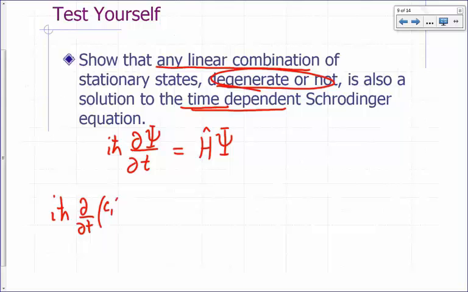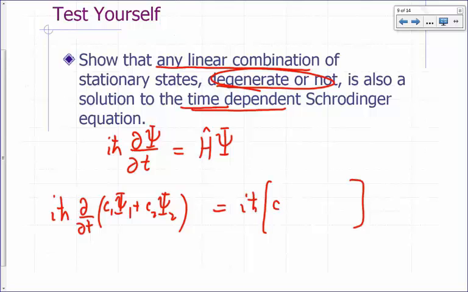So C1 psi 1 plus C2 psi 2. What do we get? i h bar times C1 derivative of psi 1 with respect to time, plus C2 derivative of psi 2 with respect to time.